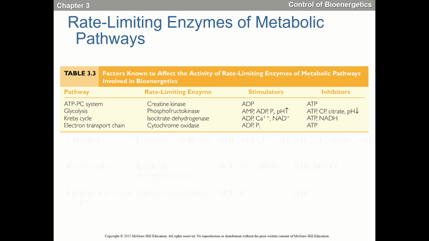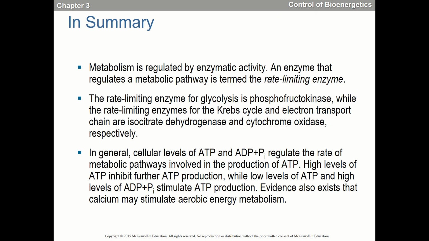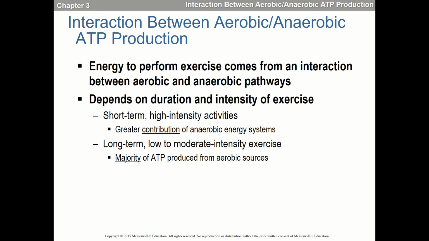So that is going to functionally slow down isocitrate dehydrogenase if we have too many NADHs around. And then the very last one, the electron transport chain, cytochrome oxidase. Don't worry about knowing that that's the rate limiting enzyme there, because I'm not even sure I believe that. Cool. All right. So all of those stimulators, inhibitors, all sorts of things.